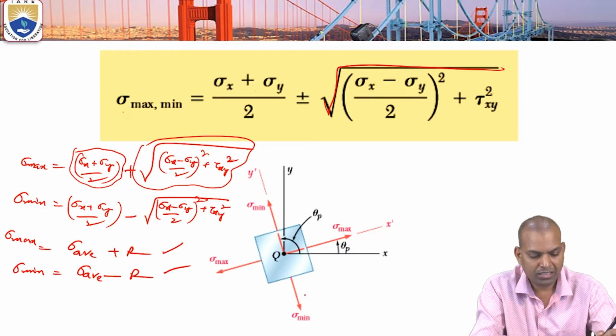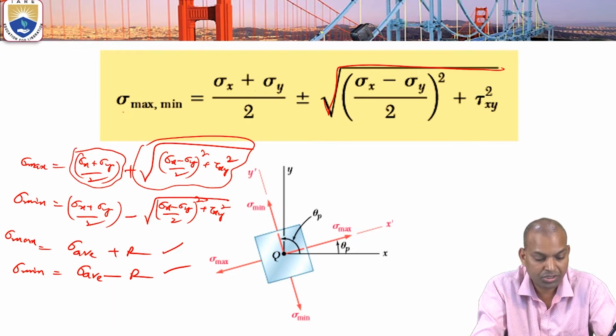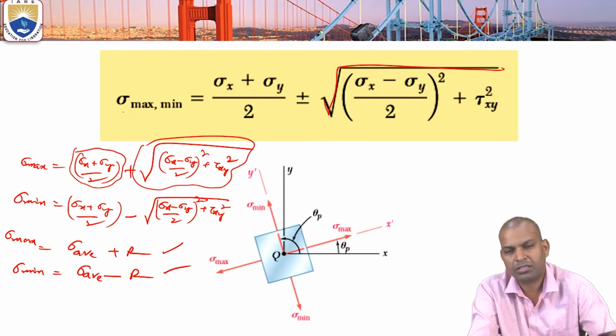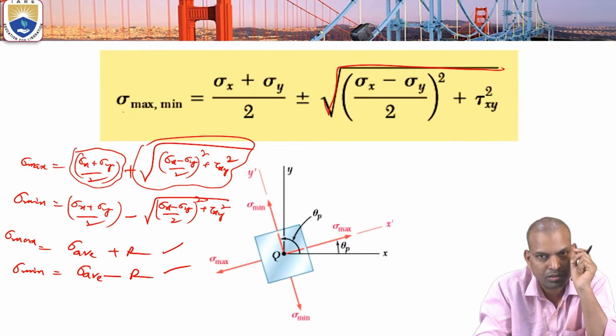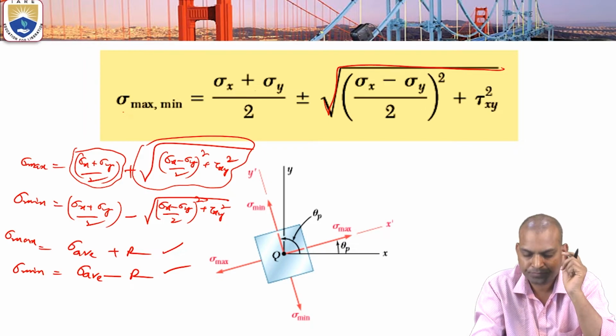So if it is plus R, the positive resultant stress, by adding it to the average normal stress, that is the maximum. And the minimum is sigma average minus R, where R is the resultant stress. That is the minimum principal stress.